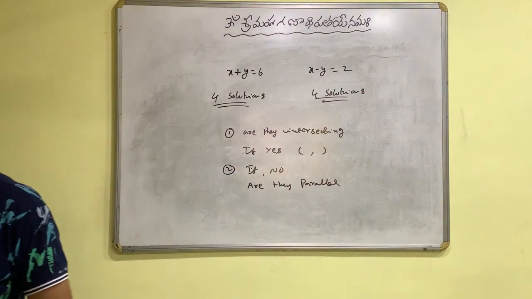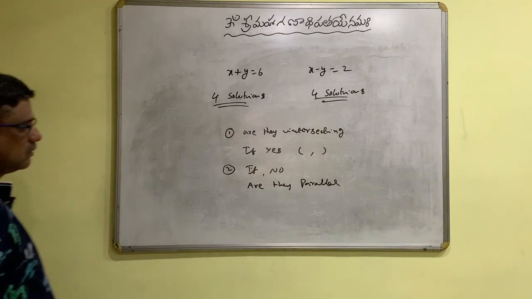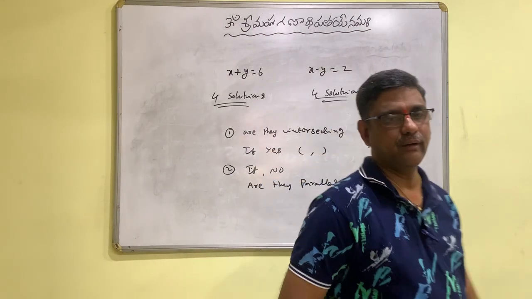They intersected at 4 comma 2. Tejal is also saying the same. Soryesh, yes sir. What is yes sir, Soryesh? You need to say 4 comma 2 is the point of intersection. 4 comma 2 is the point of intersection.